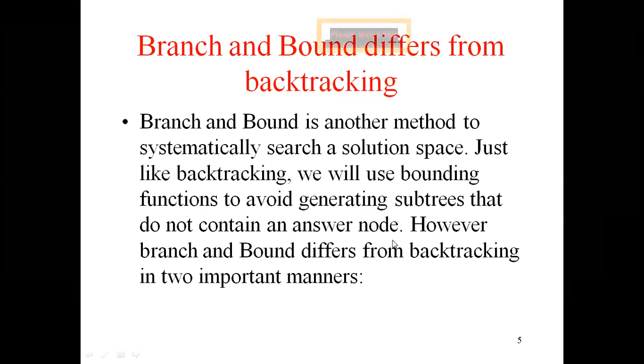Suppose in a subtree there is no answer node, then you can avoid that particular case. However, branch and bound differs from backtracking in two important manners. So we need to consider the difference. Since we already discussed backtracking, now we are discussing branch and bound. Now what are the simple differences?